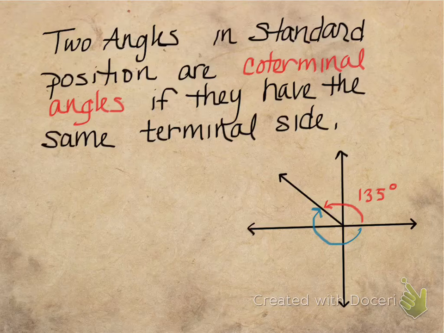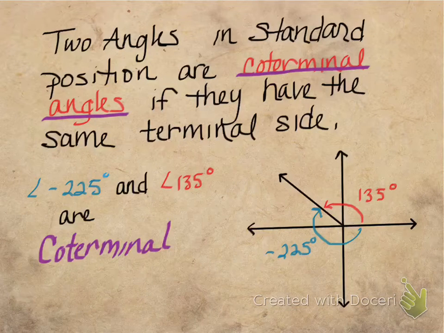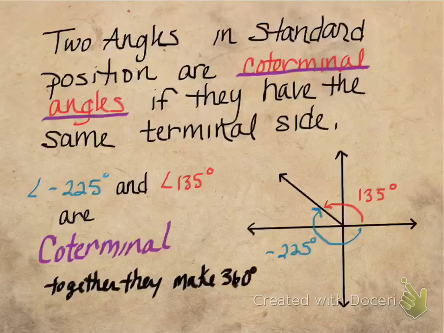It is going to be a negative because I'm going down from the initial side. And a little math, 360 minus 135 gave me 225, except it's negative 225 because I'm indicating I'm going down clockwise from the initial side. So we could say negative 225 degrees and 135 degrees are coterminal angles. And together they do make 360.